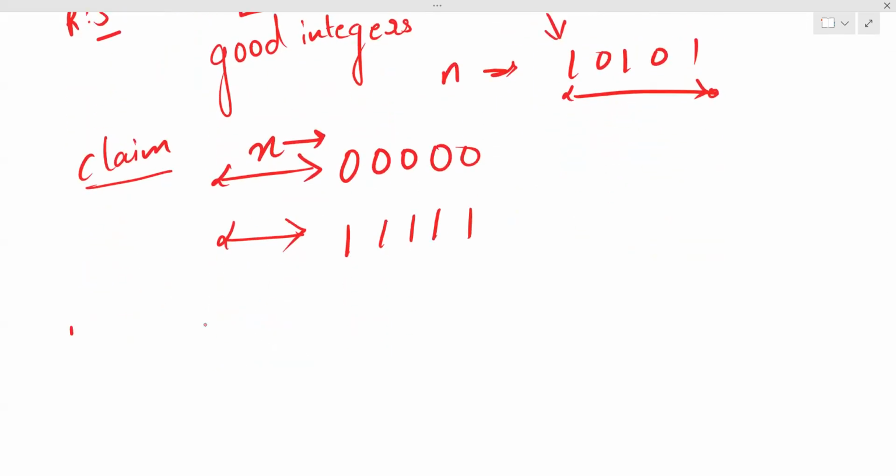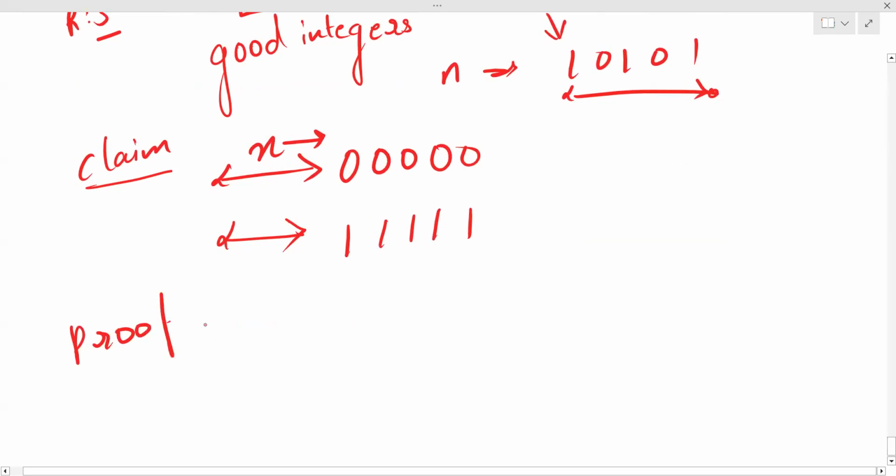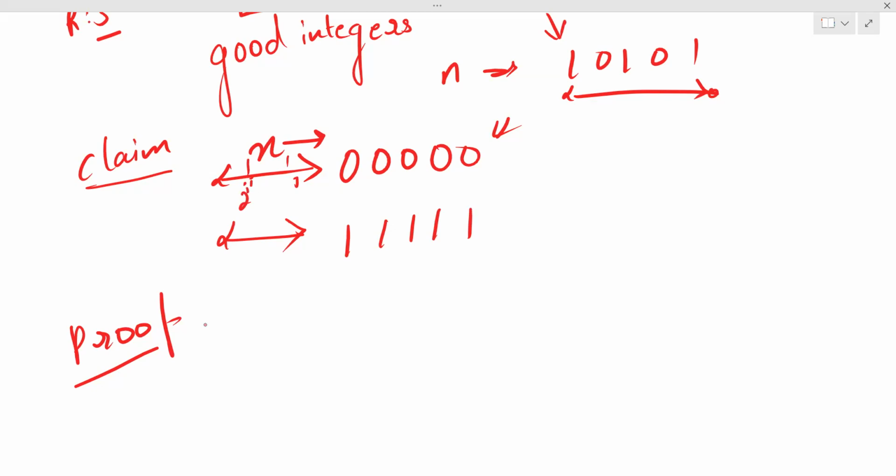So the proof is, first let's see what happens if I select 0. If all of these bits are 0 and I have some ones here, say this is the ith bit and this is the jth bit, so I'm adding 2 to the power i and 2 to the power j. Let's call 2 to the power i plus 2 to the power j alpha.